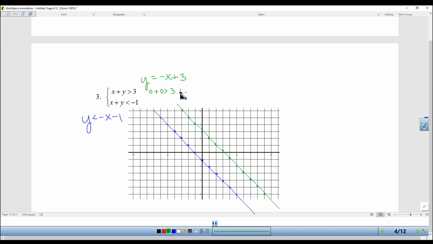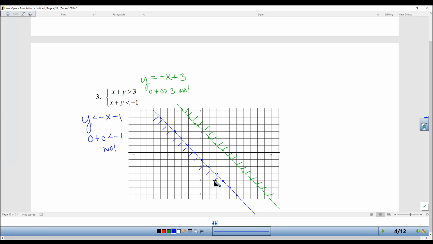It is not. So I don't want to shade (0, 0), so I would shade above the line to avoid shading (0, 0), which is not a solution. And then for the blue one, 0 plus 0 is less than negative 1. It is not. So again, I don't want to shade (0, 0), so I would shade on this side.